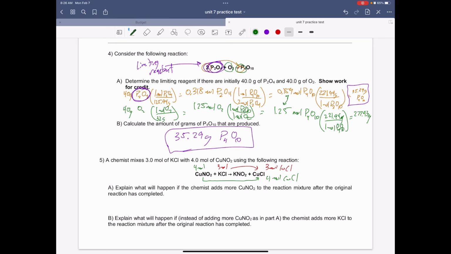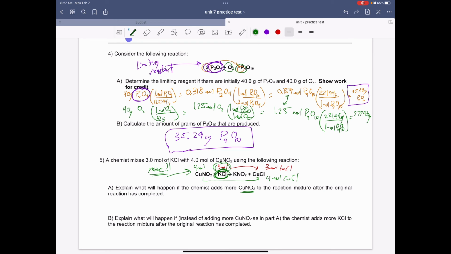So you already know which one is the limiting reactant. It's the one that produces the least amount. It is the 3 moles of potassium chloride. But remember, the question is asking what will happen if you add more of this stuff to the reaction. Okay, so the idea is if you add more of this, well, remember that the potassium chloride is the limiting reactant.